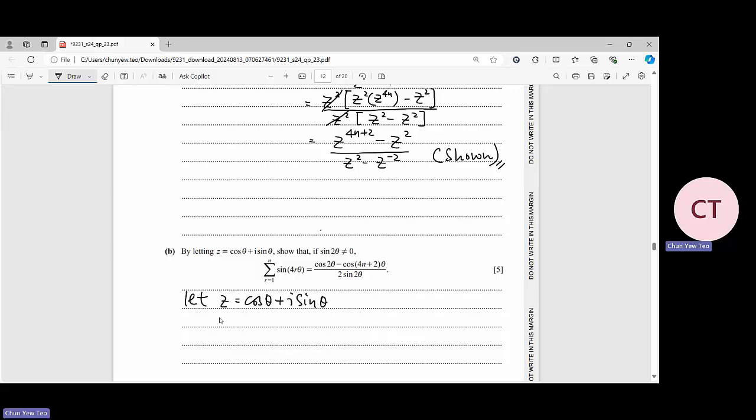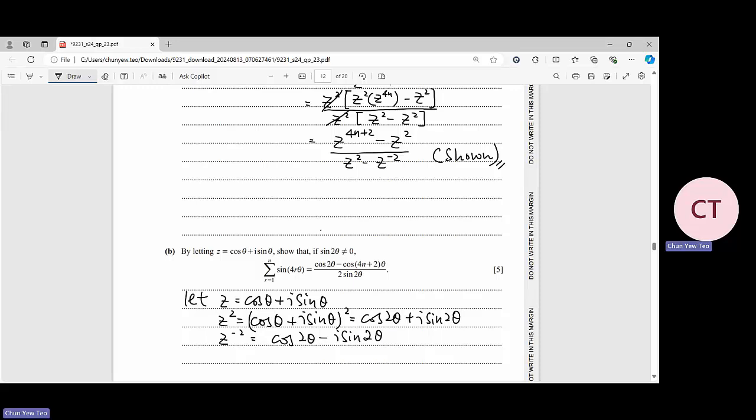So you need to understand that z square will equal to cos theta plus i sine theta square. You will get this as cos 2 theta plus i sine 2 theta. Then your z power negative 2 will be cos 2 theta minus i sine 2 theta.